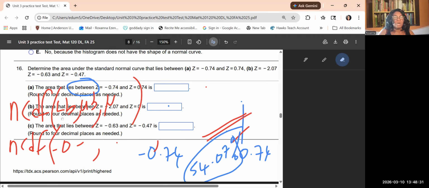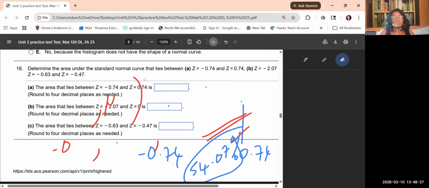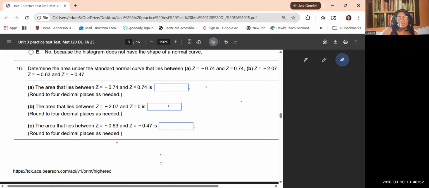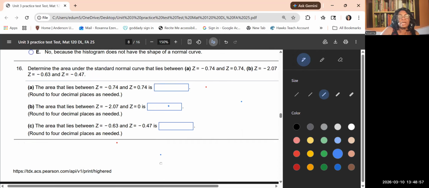Simple. Okay. For the B part, area between. So you draw a diagram. This is the mean, by the way. Z equal to 0 is the mean. You can use the chart or use the calculator to do it. So draw the diagram.